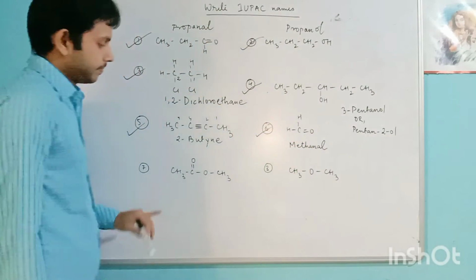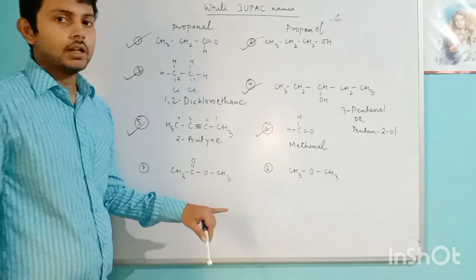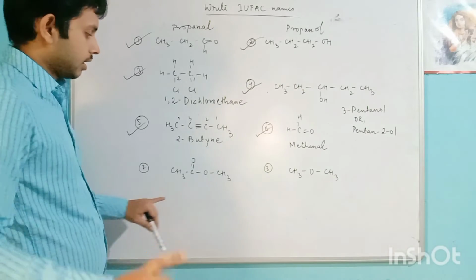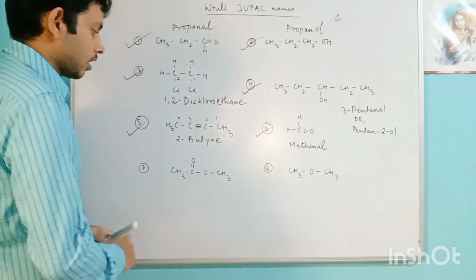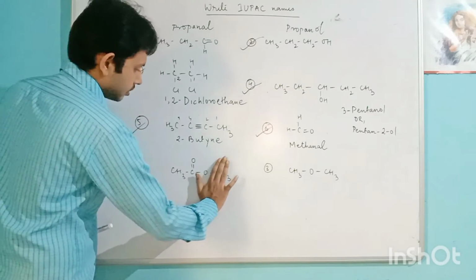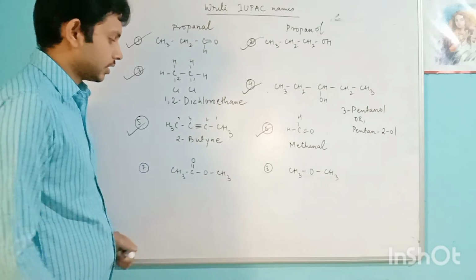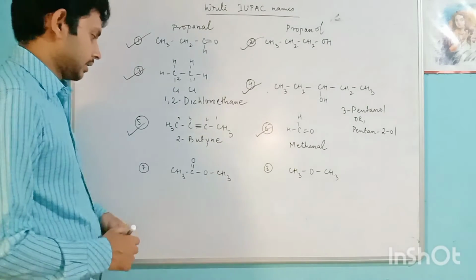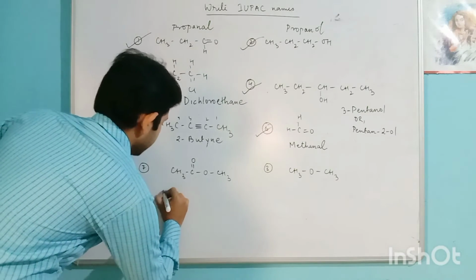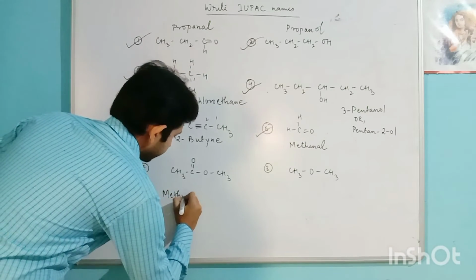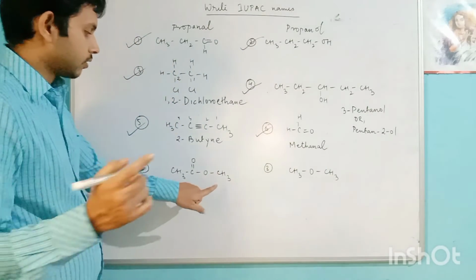Okay, the common name. Now, this is an example of ester. In the last video, I have shown in the table esters. So, how we will write? If there was H, then it could have been ethanoic acid, but there is CH3 group. So what we will write? You will write methyl. This is methyl group CH3. A few minutes ago I had told you.